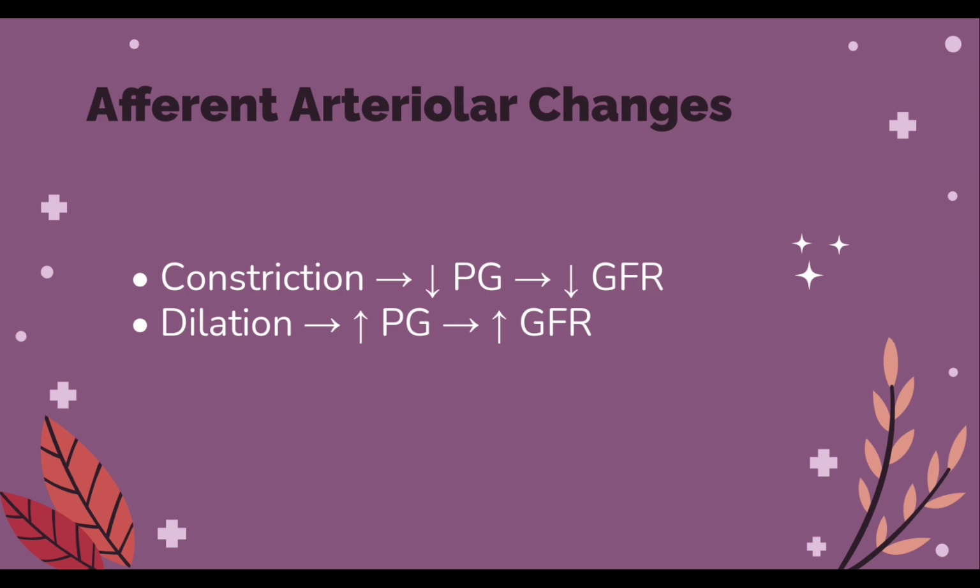At the afferent arteriole, when there is afferent arteriolar constriction, it leads to decreased glomerular hydrostatic pressure. So it decreases the glomerular filtration rate. And the opposite, when there is dilatation of the afferent arteriole, it increases the glomerular hydrostatic pressure. So thus it increases the glomerular filtration rate.